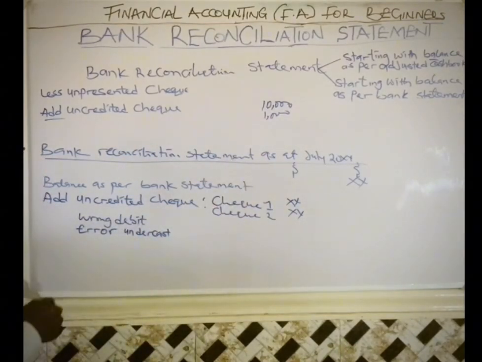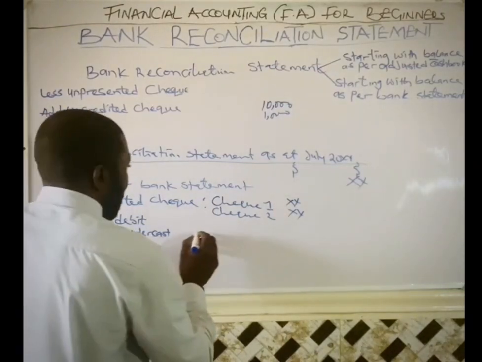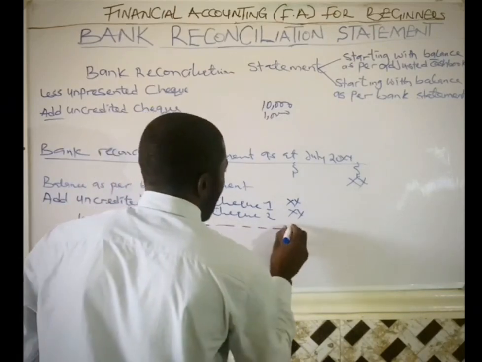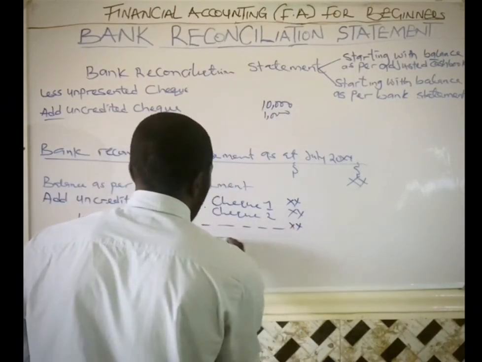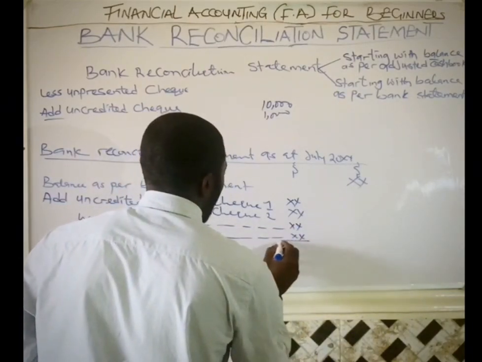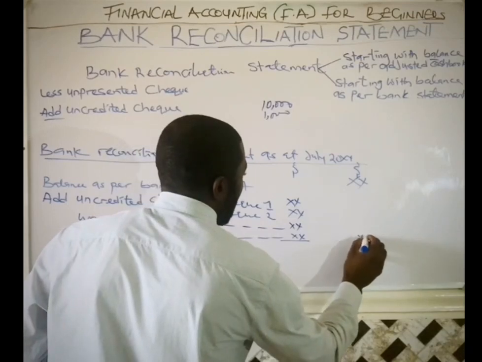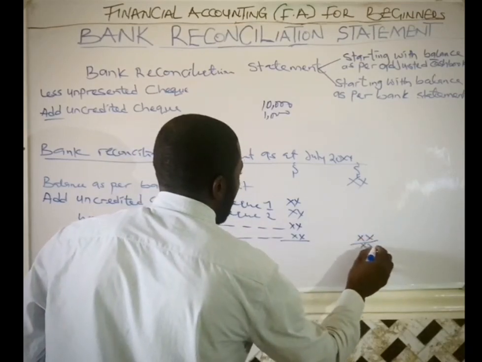So you will add the error of credit undercast. So you add the undercast, and this is how it will look. Then you bring it here and put it.